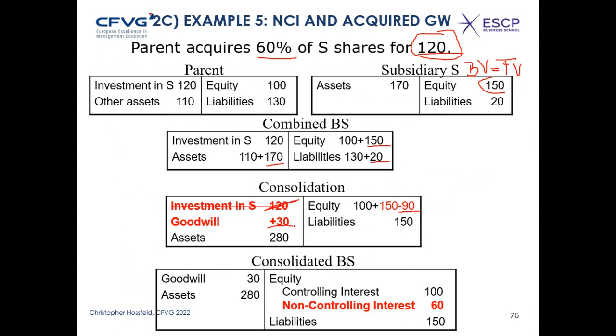So I will incorporate now plus 30 as goodwill. Okay, and that means here I delete 90 on the asset side, I delete 90 on the other side, and we are balanced. And we are done. And in my consolidated balance sheet, I will see goodwill of 30, all the assets and non-controlling interest of 60, which is equal to 40% of the fair value of the subsidiary. And then we are done.